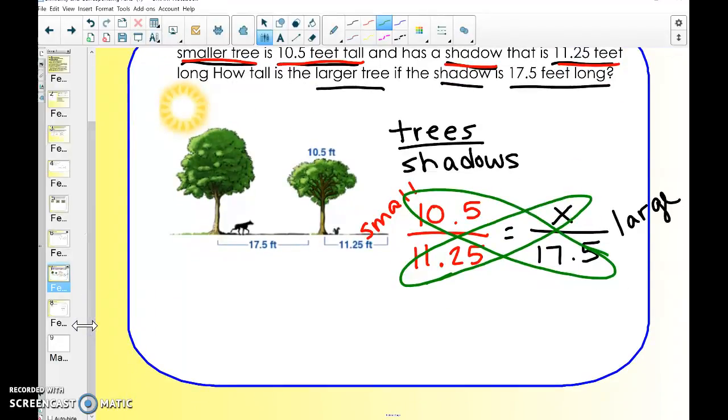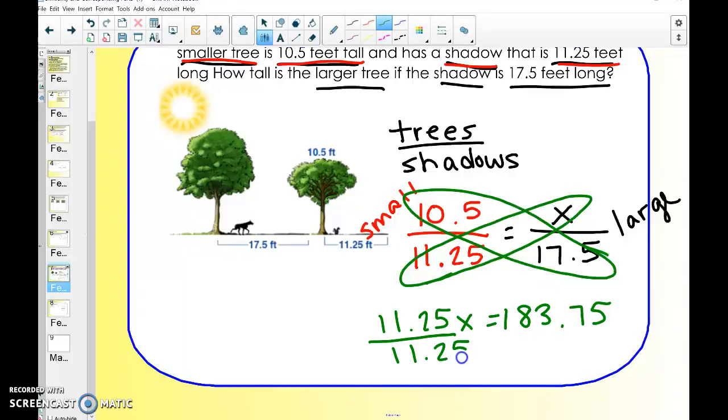Okay, so remember you're going to be multiplying the diagonal ones basically. So we've got 11.25x is equal to, let's calculate that out, 10.5 times 17.5. That gives you 183.75 if I typed it in right.